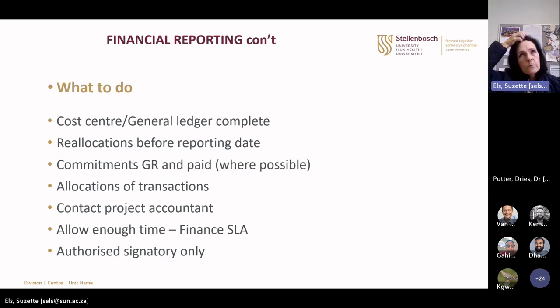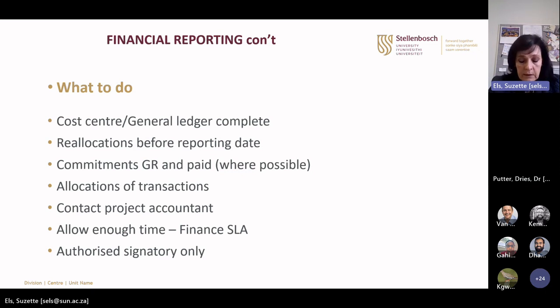I think if we have to compile it all by ourselves, it's 15 days. If we only have to sign off on an already prepared report, it's 10 days. But make sure that you send us the information or the request well in time.